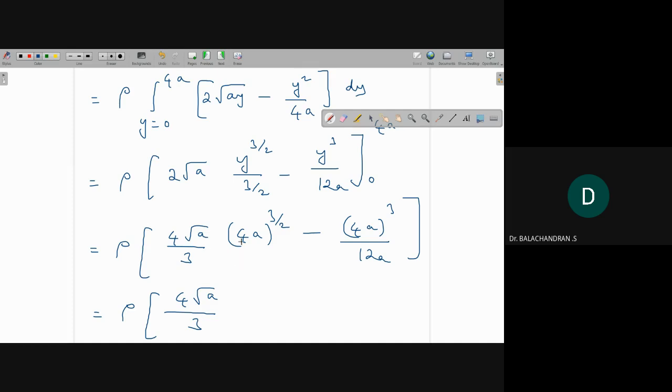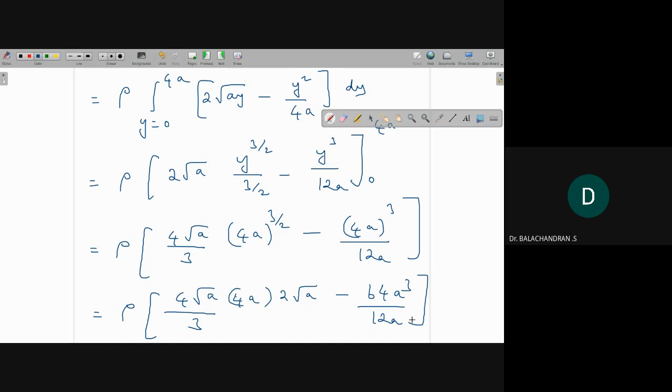4 root a by 3 into 4a power 3 by 2, which is 4a into 2 root a, minus 64a cube by 12a.